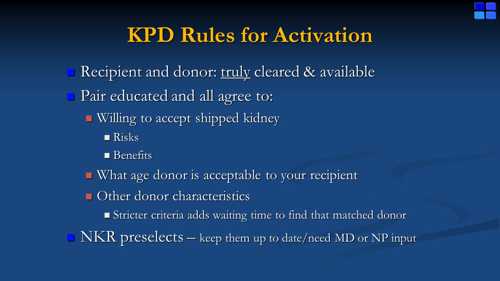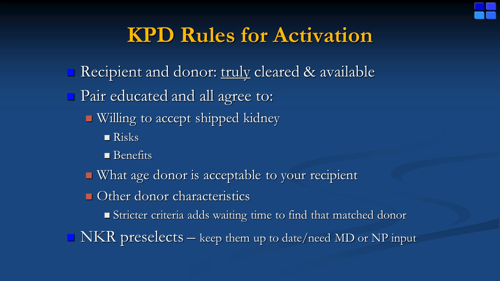In addition, you have to know if your payer is willing to accept a shipped kidney, and that they understand the risks and benefits. Also, what age donor is your recipient willing to accept? You want to know that before you do pre-selects in a registry, because you don't want to get into a match if the donor is older than the recipient is expecting, and then find out that you have to pull out of the match. And other donor characteristics.